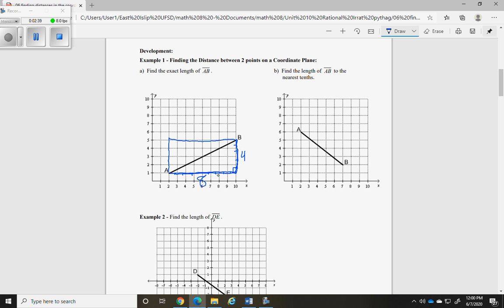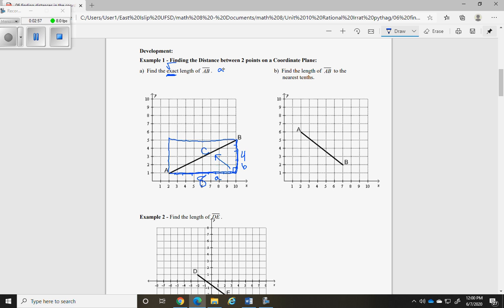So since it's a right triangle, the legs are A and B, and across from the right angle is your hypotenuse C, so that diagonal line is C. To find the exact length, remember that word exact is a hint that you're going to leave a square root in your answer.